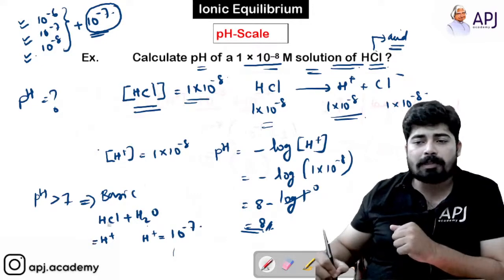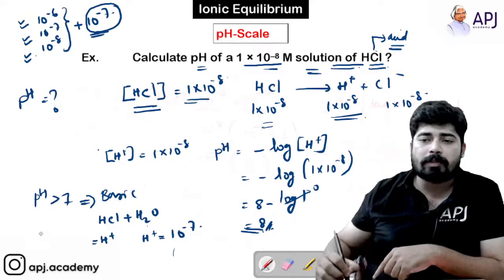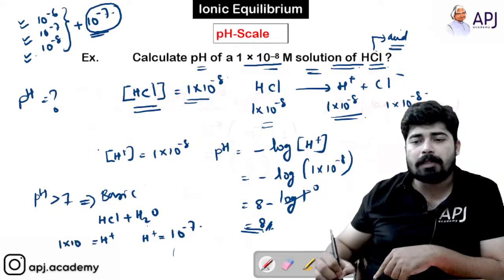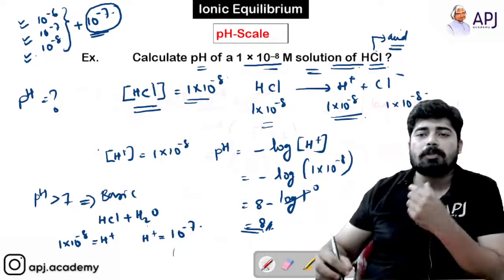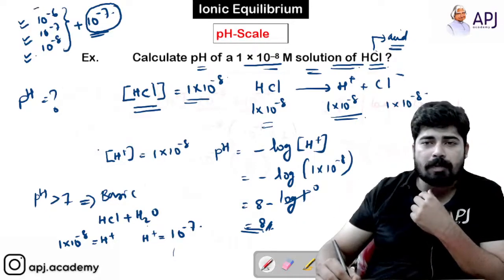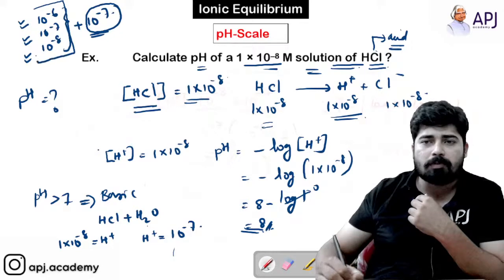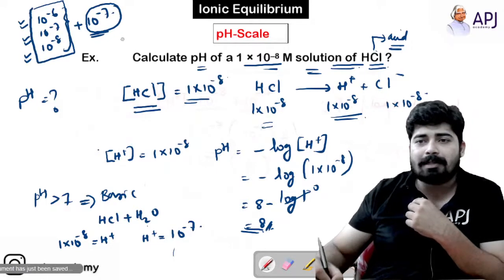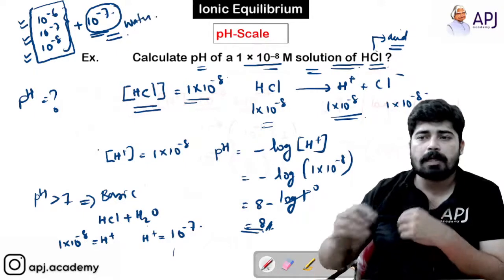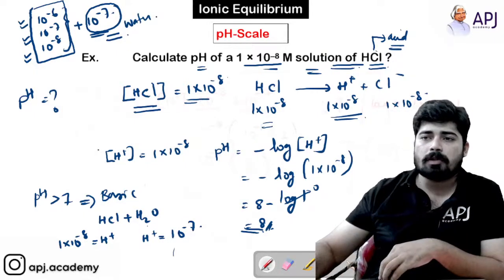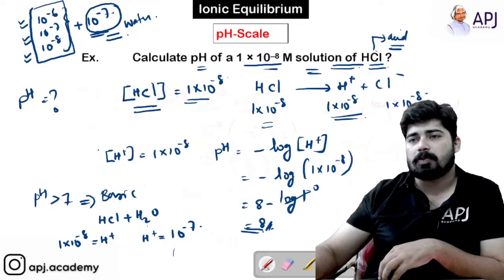And the H plus concentration from the acid will be given in your question. Here it is given as 1 into 10 raised to minus 8. So whenever you are given values of 10 raised to minus 6, 10 raised to minus 7 or 10 raised to minus 8, always consider the H plus concentration from water. So what will be the answer for this question?